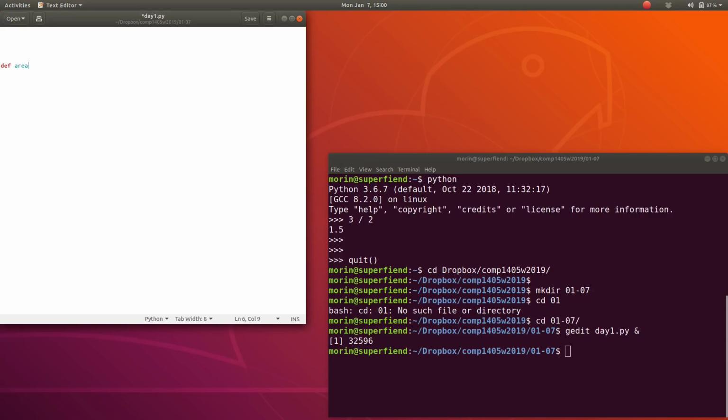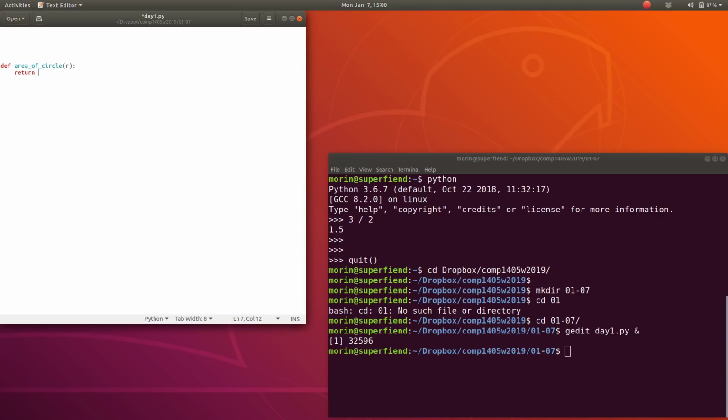Def area of circle. So I'm introducing a lot of things here. Def tells Python that I am defining a function. The function's name is area of circle, and it takes exactly one argument, r, which is the radius of the circle. And what do I want this function to do?